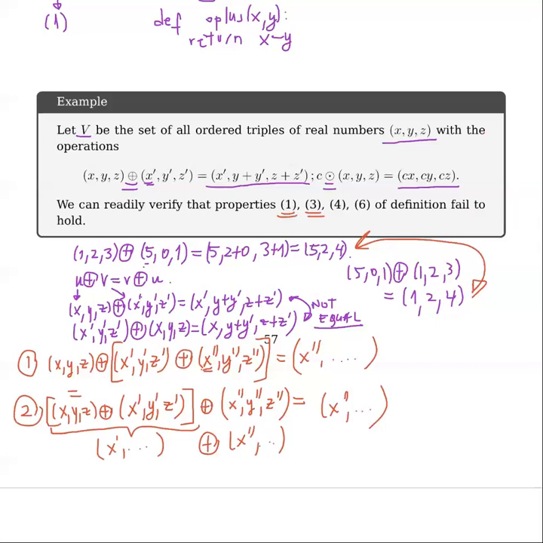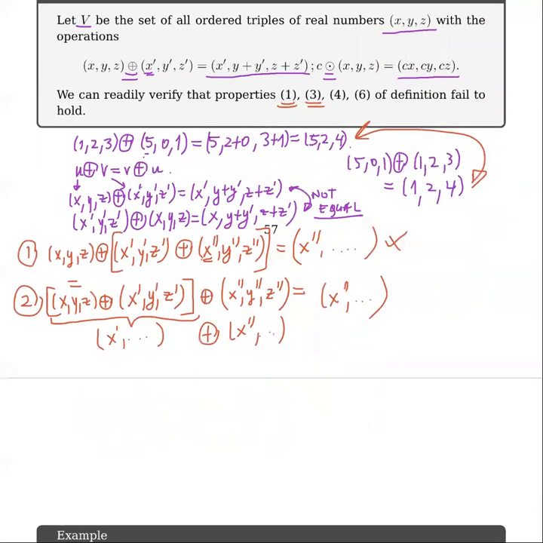So since this condition is not satisfied, we will not be able to find a zero element. Okay. For example, let's see. Let's try to find a zero element. Let's write (x, y, z) here.